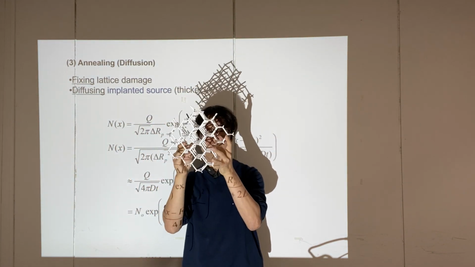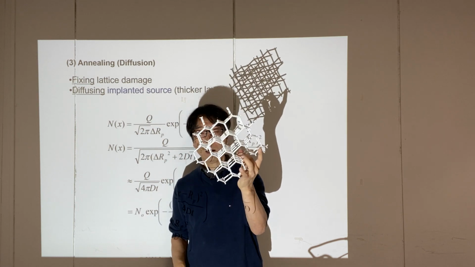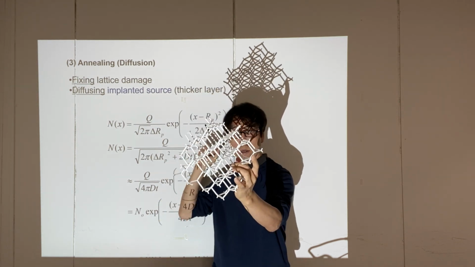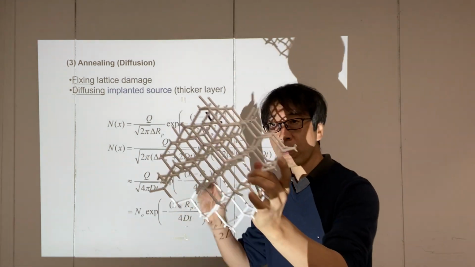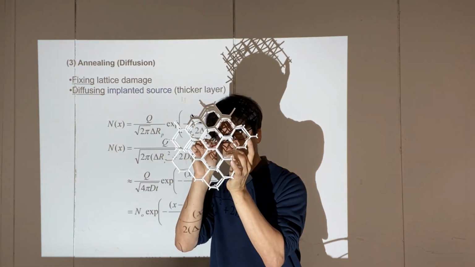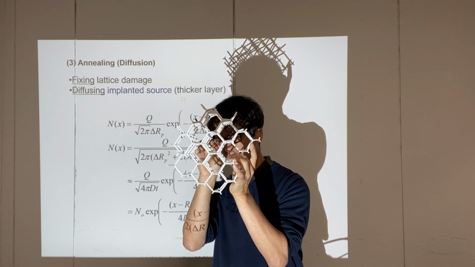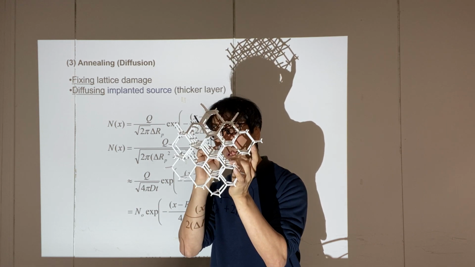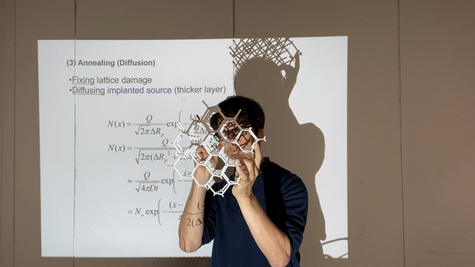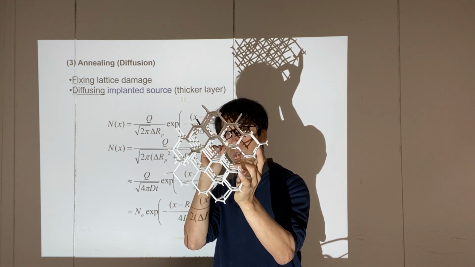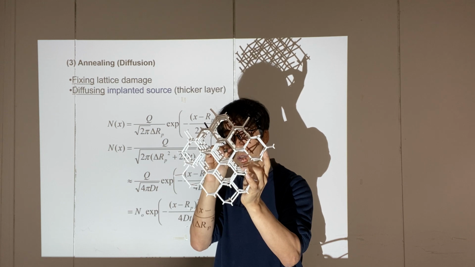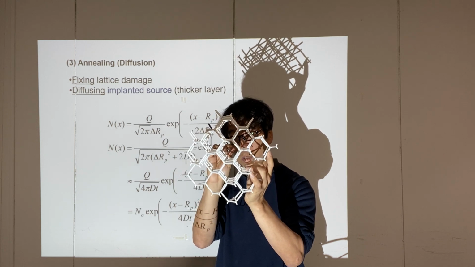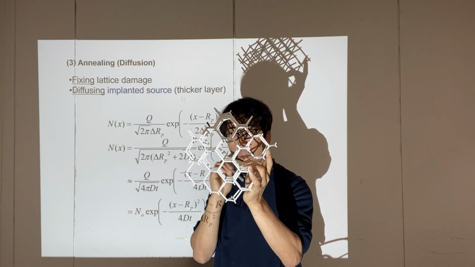Think about it: you accelerate the ion and then shoot it through this hole. What will happen if the direction of shooting and the direction of this hole, the 110 direction, are perfectly aligned?